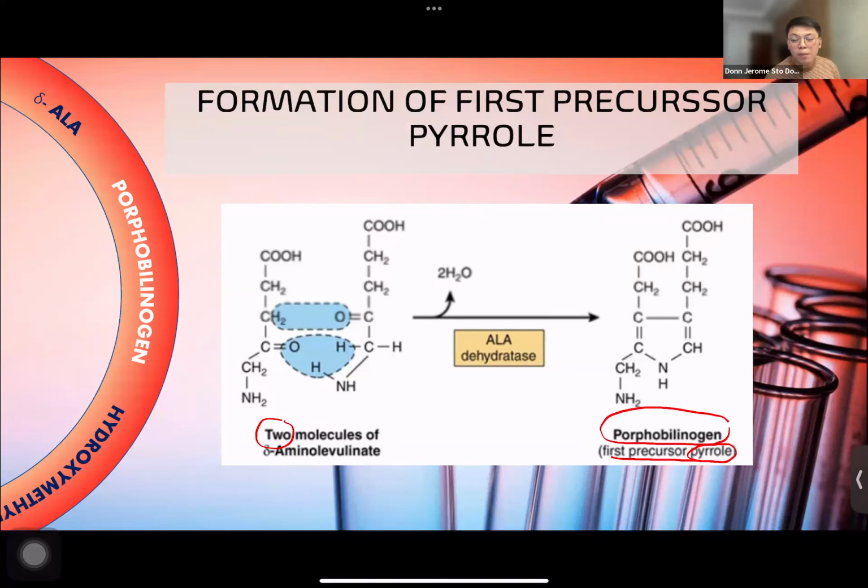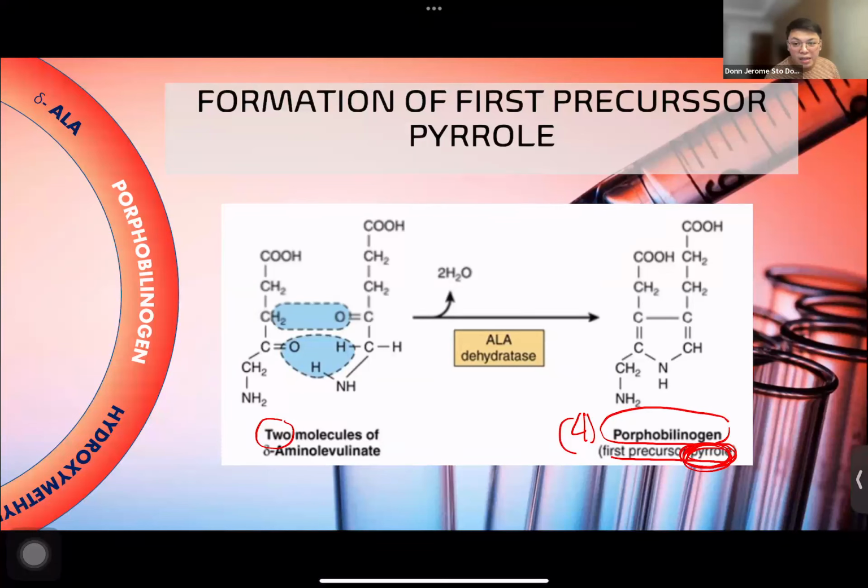Sabi natin, di ba, dun sa molecule ng porphyrin, how many pyrrole rings does it have? Ilan? Naalala nyo kanina, pinakaunang slide, 4 pyrrole rings. So gagawin natin ngayon yung first precursor pyrrole. Okay? That is with the help of the enzyme ALA dehydratase or ALA dehydrogenase.